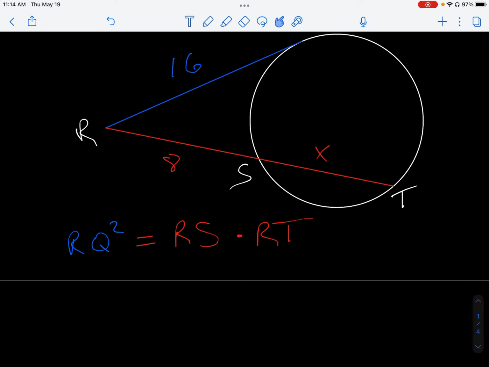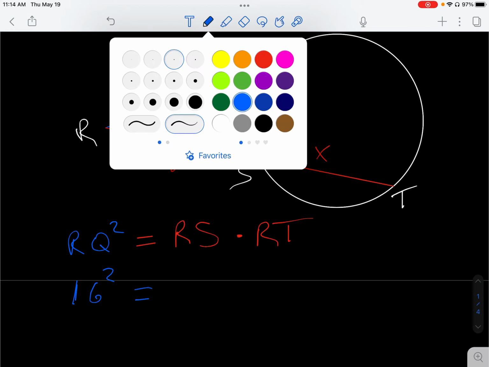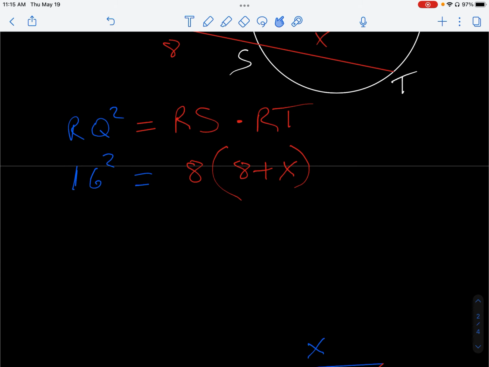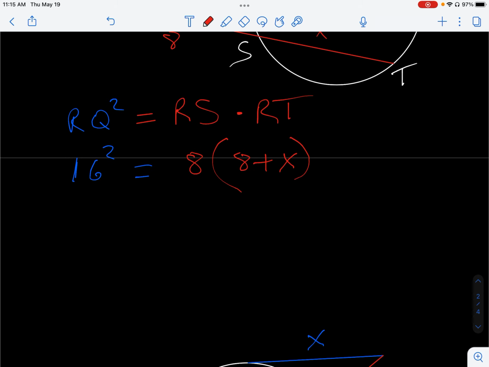So let's substitute and do some math, and let's keep our colors consistent. So we have 16 squared equals 8 times the entire segment, and RT is going to be 8 plus X. 8 times 8 is 64. 8 times X is 8X.